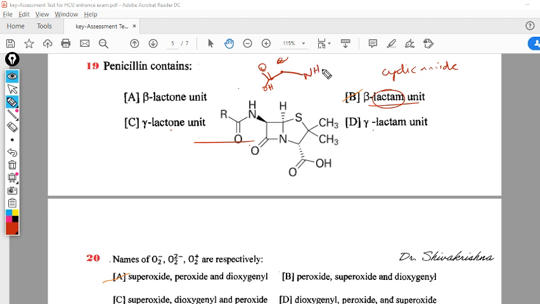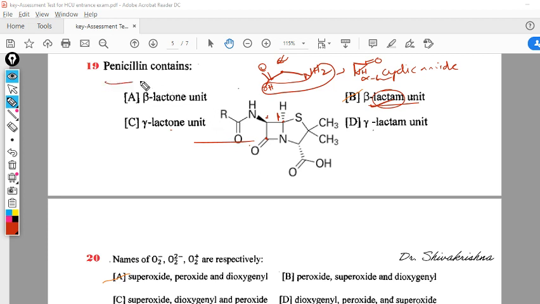If the amine is present on the alpha carbon, and the H and OH are lost, it forms a cyclic amide. This is called an alpha lactam. If the amine is on the beta carbon, and the lactam is formed, that is said to be a beta lactam.